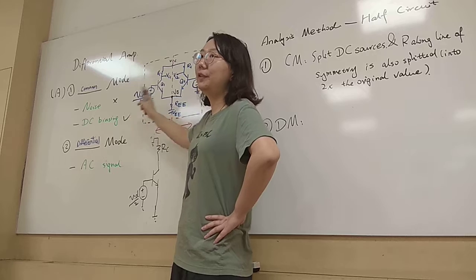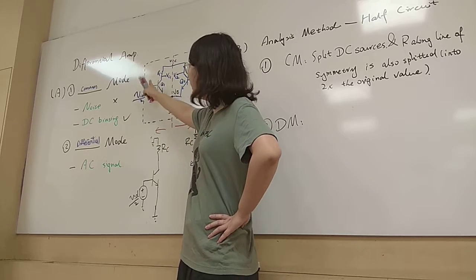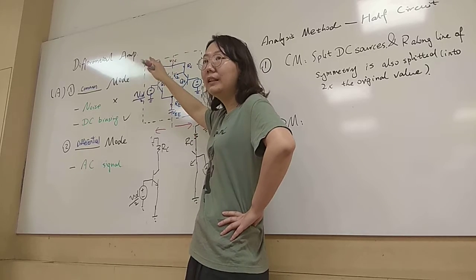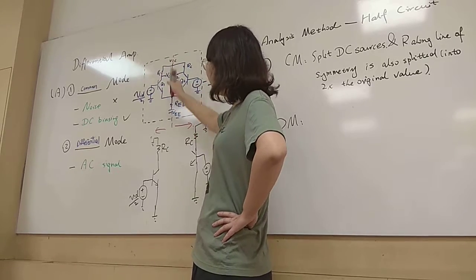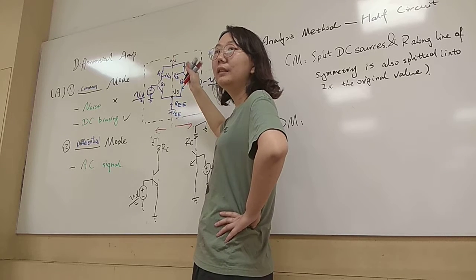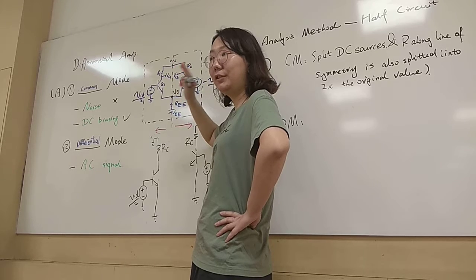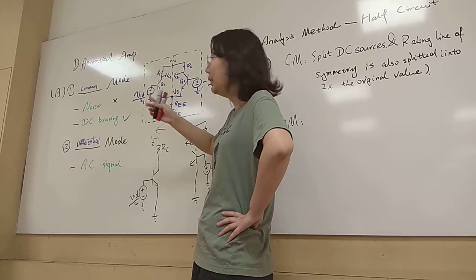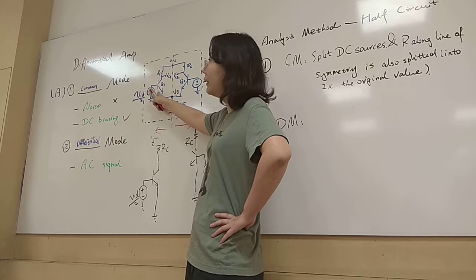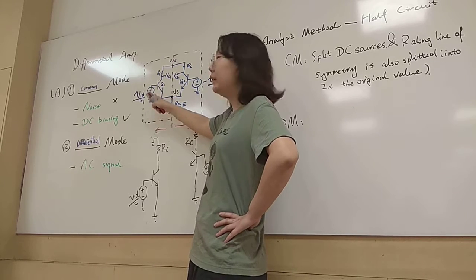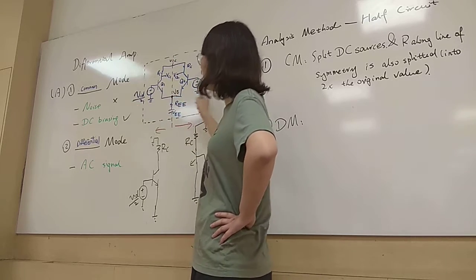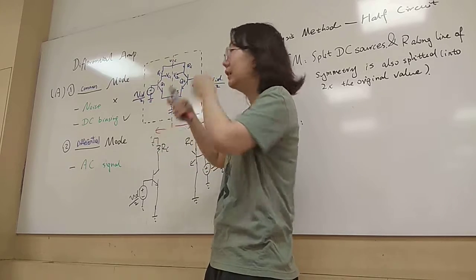Let's say, for example, here is 5 volt, here is minus 5 volt. Whatever AC analysis you do here, you will realize all the current flowing through this part, the value will actually be the same as the current flowing through this part. All the values are the same, but the direction will be opposite. So that means the current going out of this emitter will equal the current going into this emitter, because these two input sources are opposite in polarity.